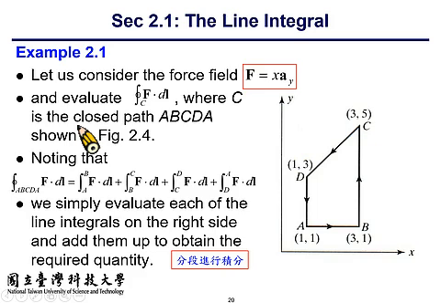So our objective is to evaluate the field along a specific path. That is the ABCDA loop in this plot.